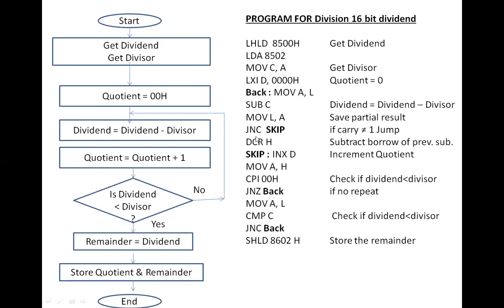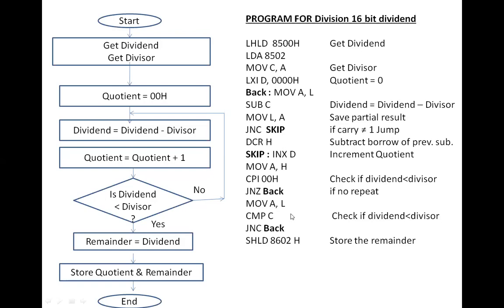So the number of times it loops, it is going to subtract the value of the divisor from the dividend, as well as increment the value of the quotient. And a time will come when the H register becomes 0 and the L register becomes less than the divisor. At that time, we will skip.